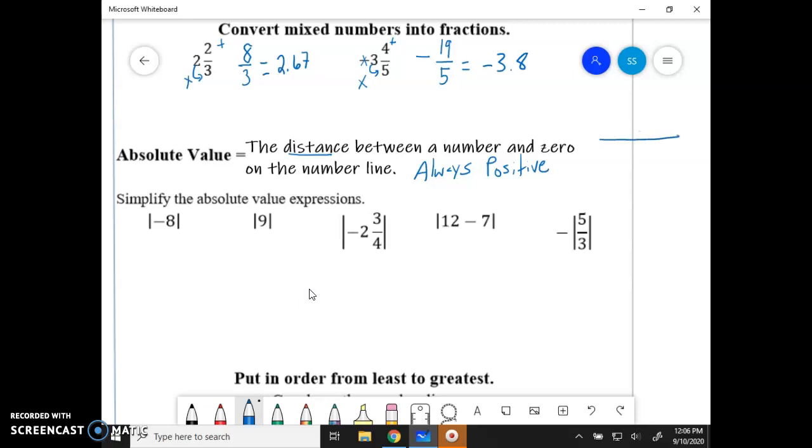So if we have 0 here, we've got 1, 2, 3, and we have negative 3, negative 2, negative 1. All right, so if we're talking about negative 3 and positive 3, they are both 3 units away from 0, okay?